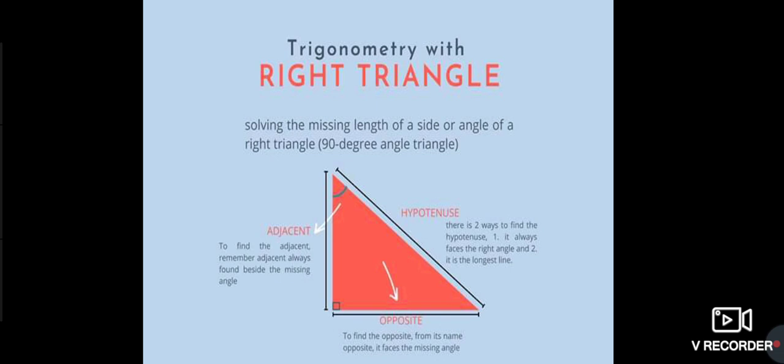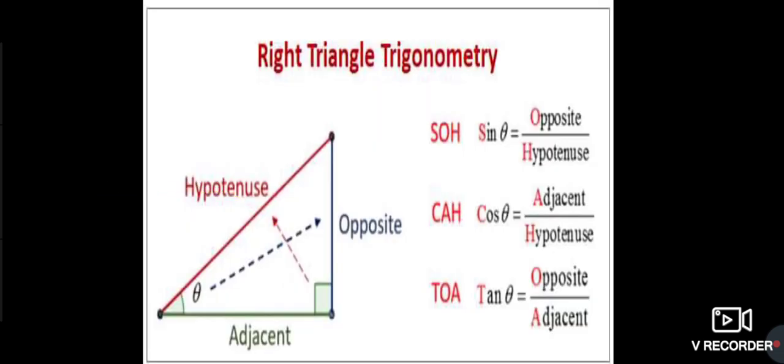Remember, adjacent is always found beside the missing angle. Then hypotenuse, there are two ways to find the hypotenuse. One, it always faces the right angle, and two, it is the longest line. Opposite, from its name, opposite, it faces the missing angle.